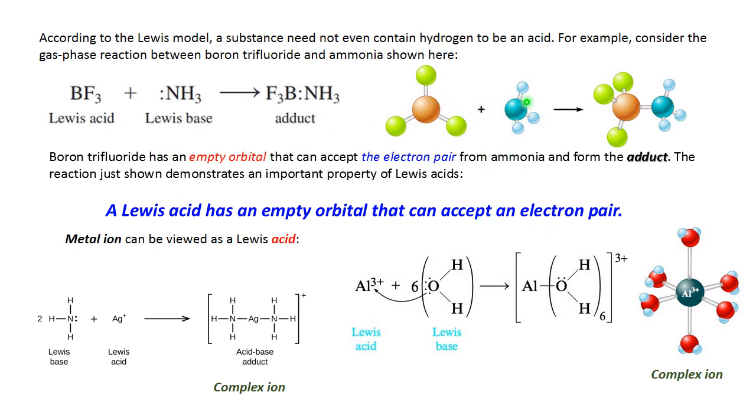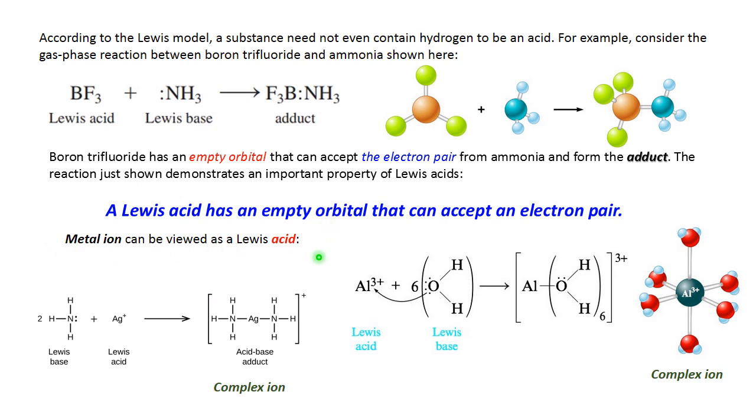So there is an empty orbital that can take a lone pair, and a lone pair in ammonia. A Lewis acid has an empty orbital that can accept an electron pair, or the molecule can rearrange itself so it can accept this electron pair by making an empty orbital.